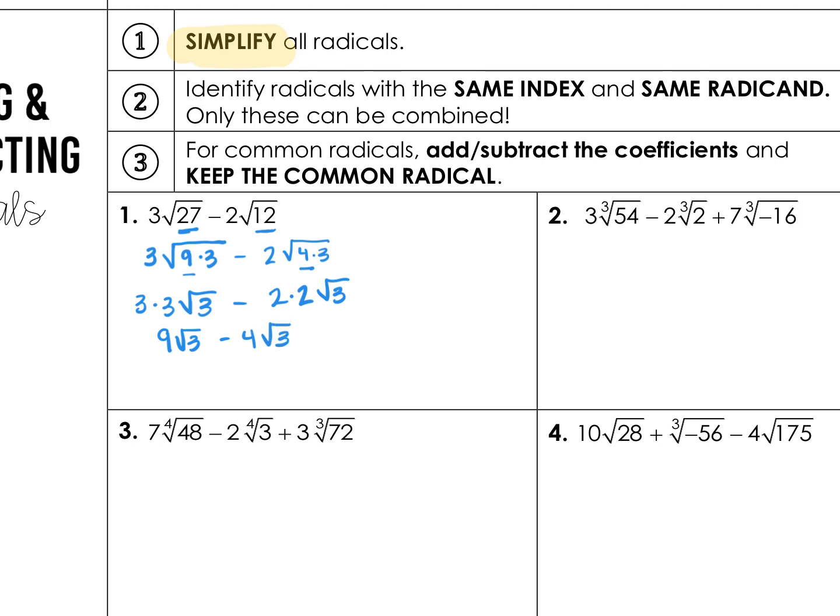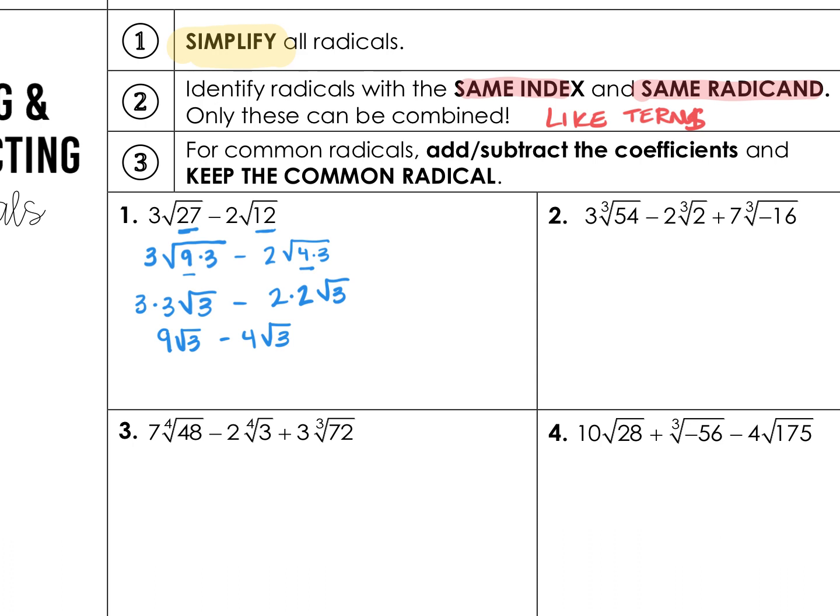So that's the first step. We have to make sure that our radicals have the same index and the same radicand. That really makes them like terms, if we think about it algebraically.